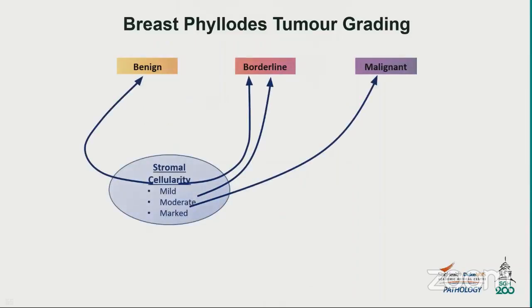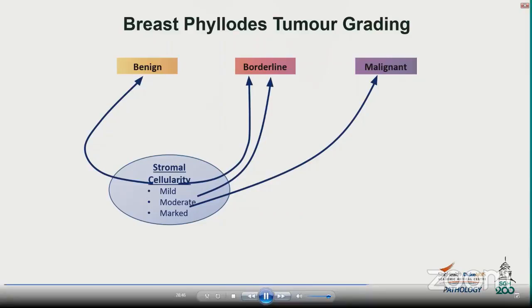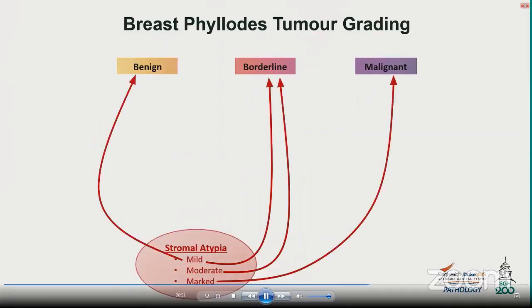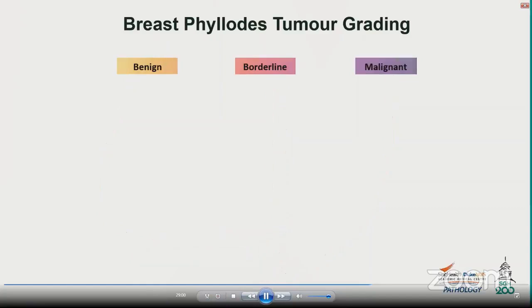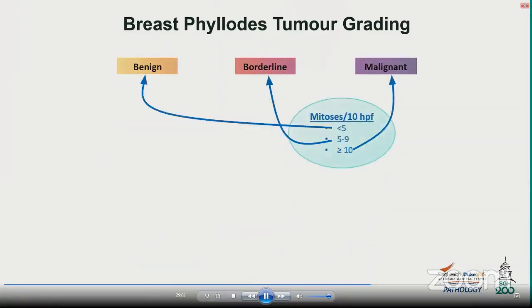With regard to stromal cellularity, mild increase can be seen in either the benign or borderline tumors. And for atypia, a similar situation occurs in which mild atypia can be observed in either the benign or borderline grade. And while mitotic ranges are given for the different grades, they do not always fall precisely into these ranges.